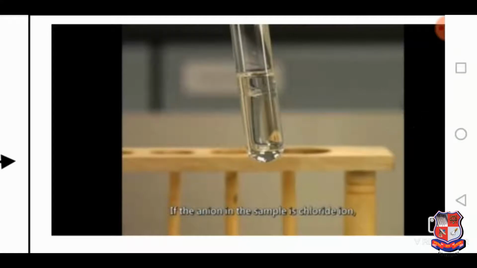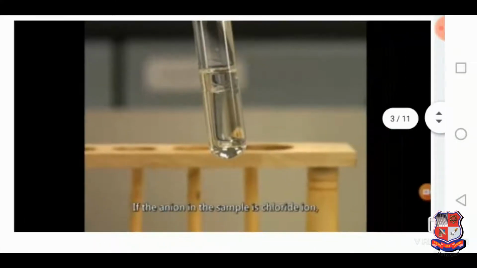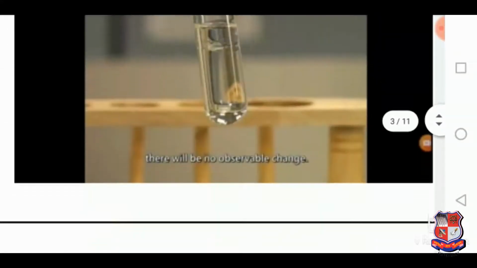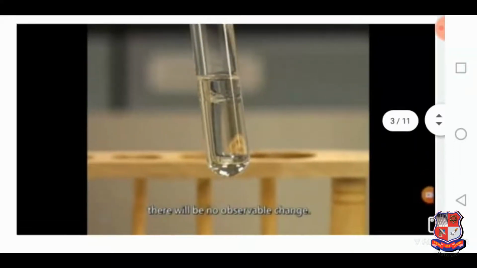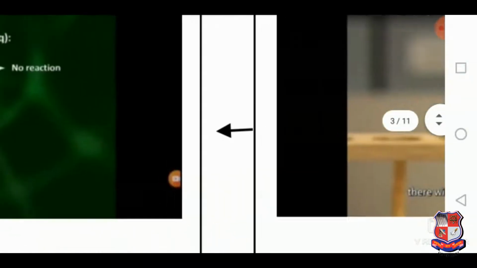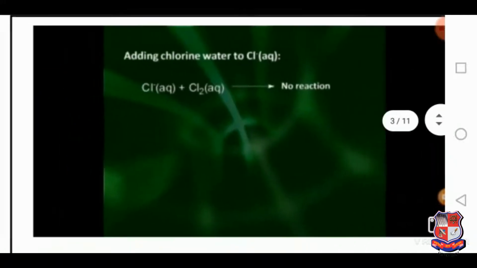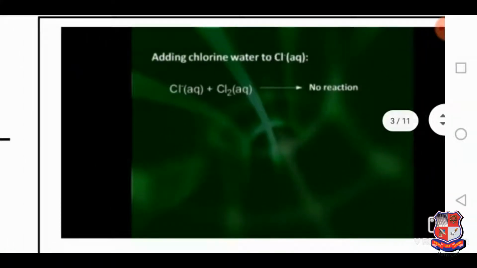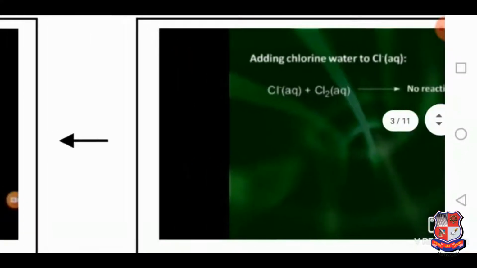If the anion in the sample is chloride ion, then there will be no observable change. That means there is no reaction between the chlorine water and the chloride ion.